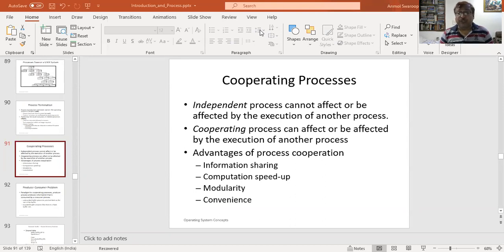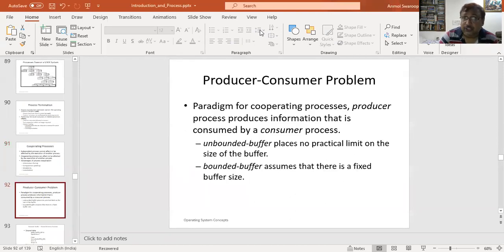Because of these four advantages, generally we divide our task into various processes, say P1, P2, P3, P4. We have a big task. We divide that into multiple processes and these cooperate with each other in order to complete the task.